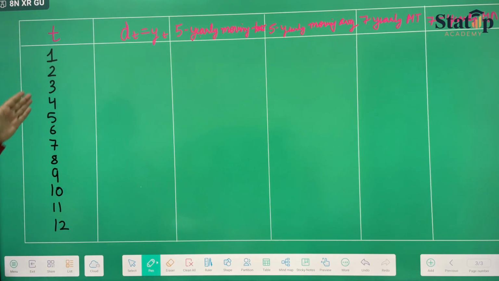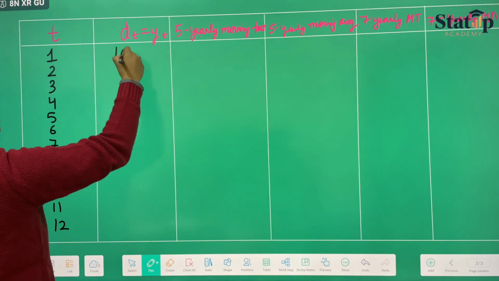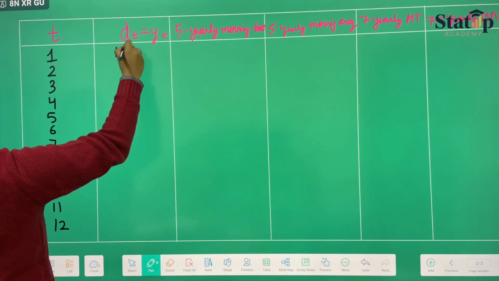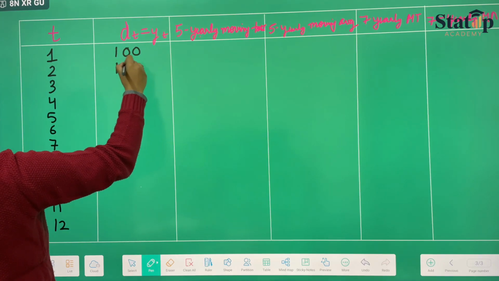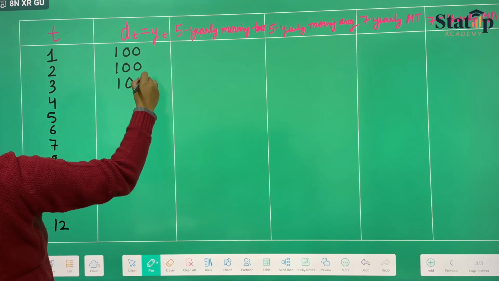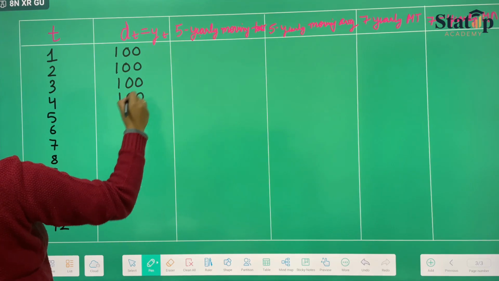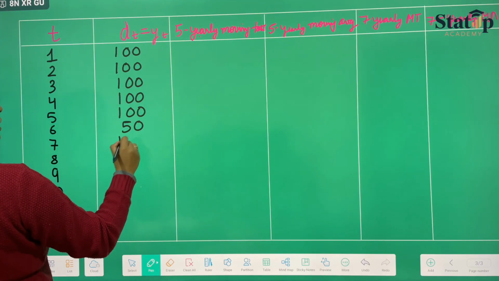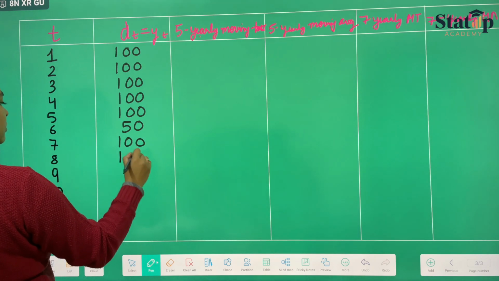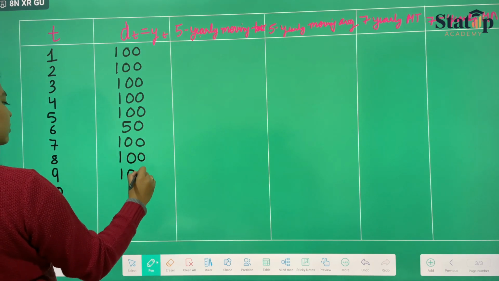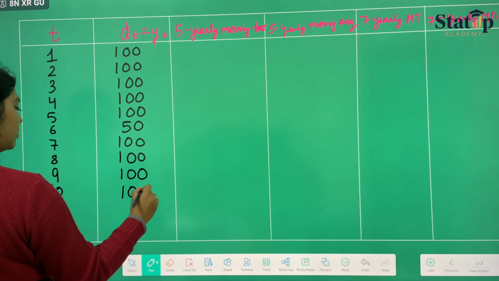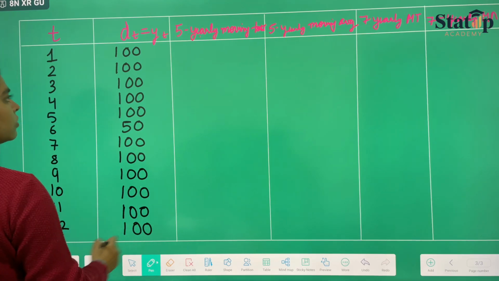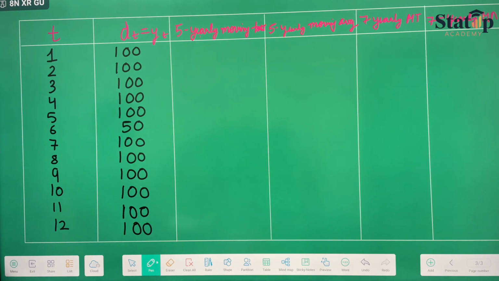So the values from 1 to 5 were given as 100 in the question. Then it is 50. Then it is 100. Okay. So 5 yearly moving total.